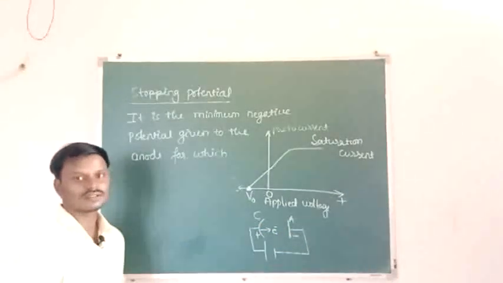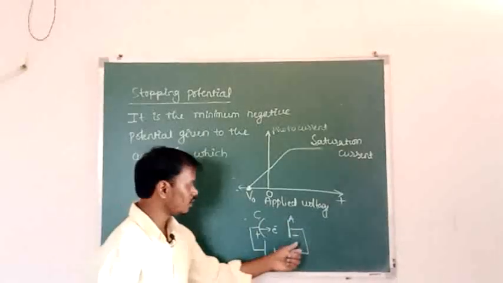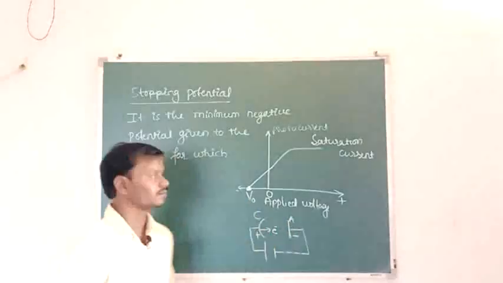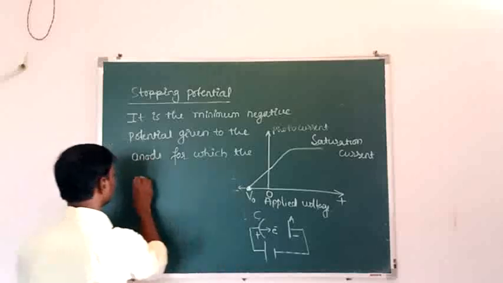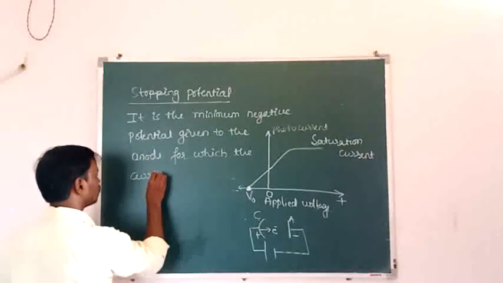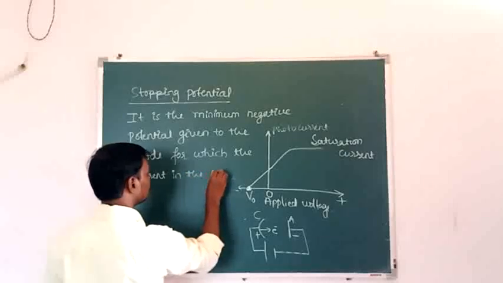If there is no electron collected by the anode, then there is no current in the circuit. Then the current read by the ammeter is zero.